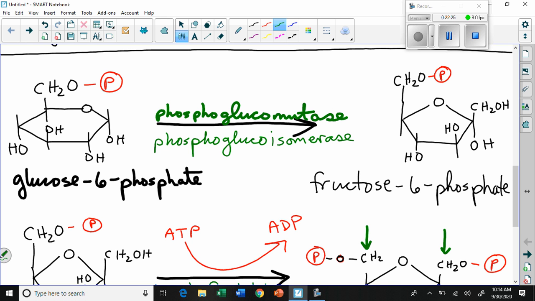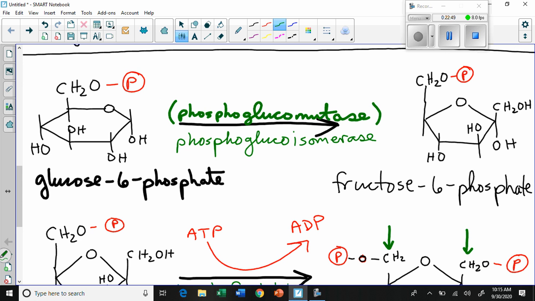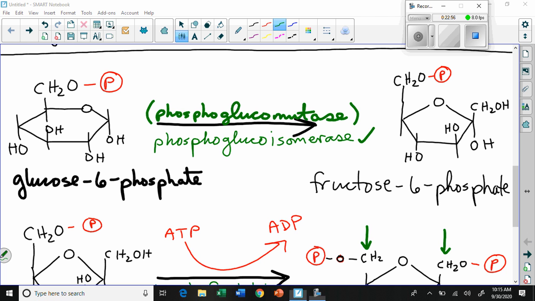To mutate means to change. So we've changed the phosphoglucose into the fructose. So it's a phosphoglucomutase. That's another name for it, but it's the same enzyme. It's not anything different. I like the phosphoglucoisomerase myself. In the AP textbook, that's what it's called. So that's the one that I'm going to use.